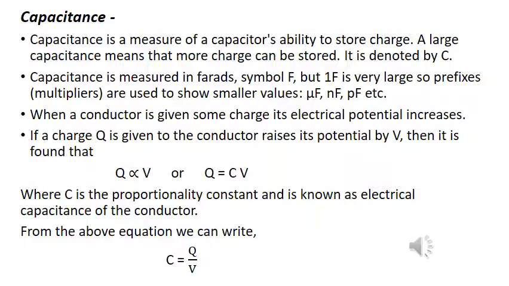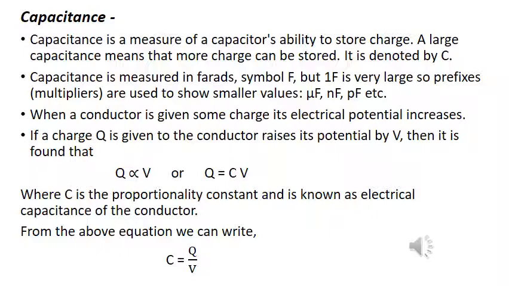Second is capacitance. Capacitance or capacity of a capacitor is its ability to store charge. That is, how much charge a capacitor is storing, how much able it is to store charge is called its capacitance. A large capacitance means that more charge can be stored.